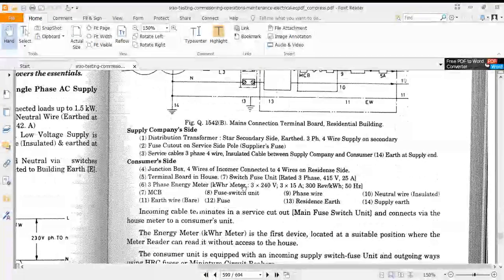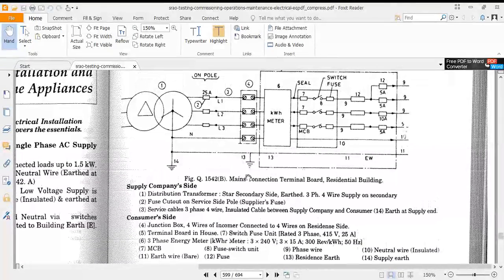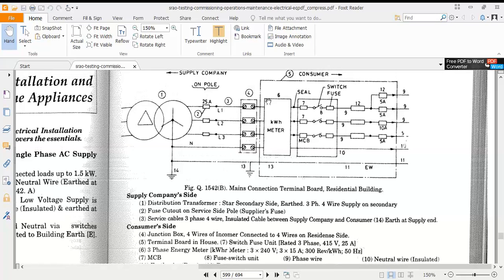And on the consumer side, we can see the junction box, the same thing. Serial number 5, this is the terminal board in the house. Serial number 6, the 3 phase energy meter.